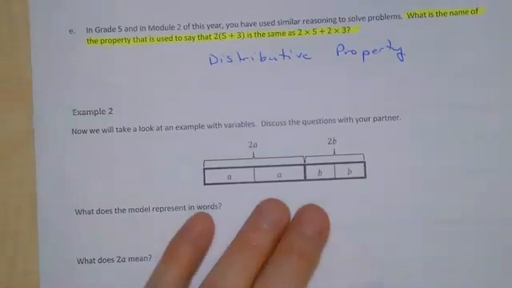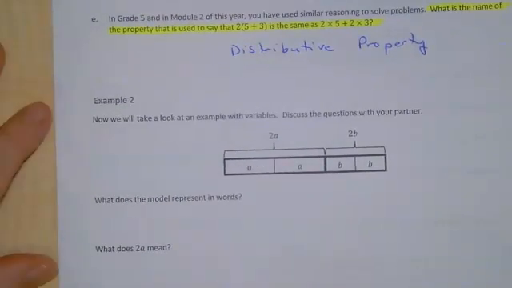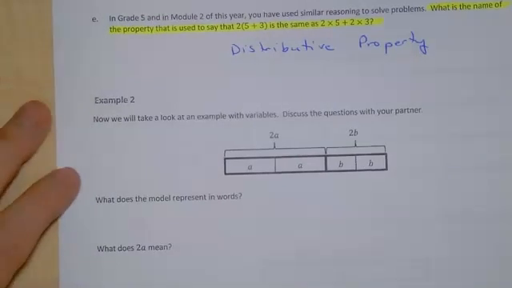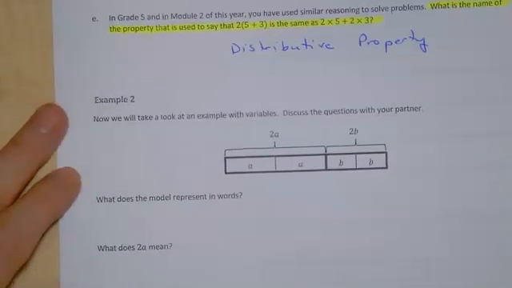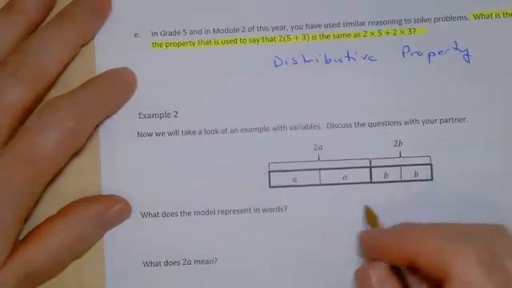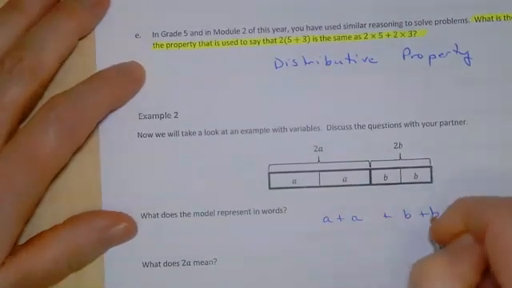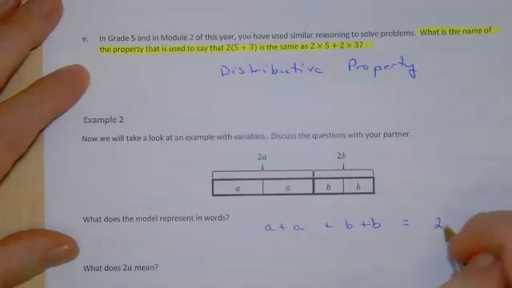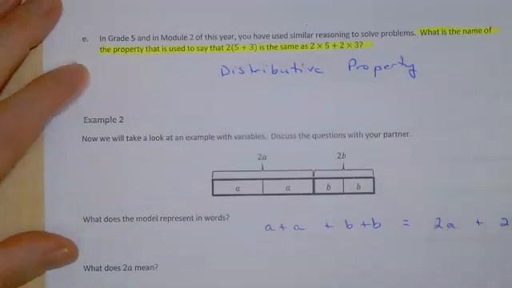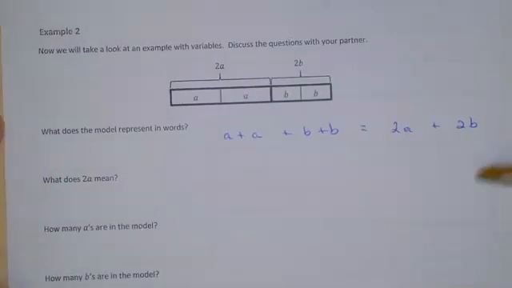Then we practiced it with letters, which we also did together. And so basically what we said was A plus B is the same as 2 A's plus 2 B's. Do you guys agree with that?